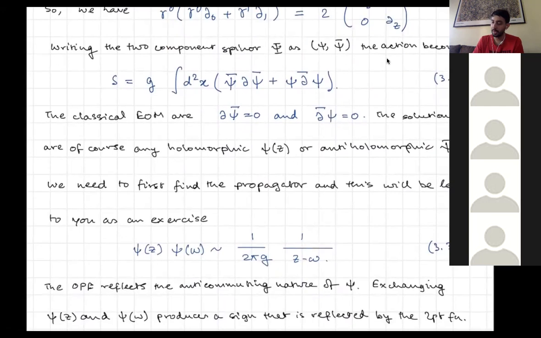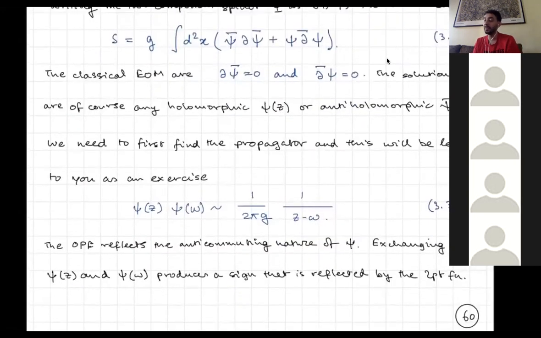Psi with psi will give you 1 over z minus omega. This also reflects the fact that when you take one psi through another, since these are anti-commuting, the right hand side will pick up a sign. That reflects the fact that it's a fermion.